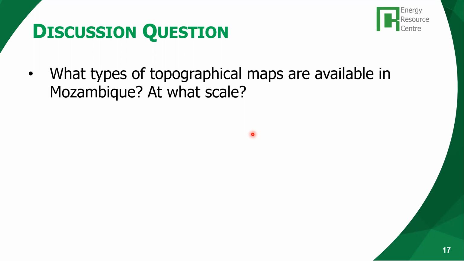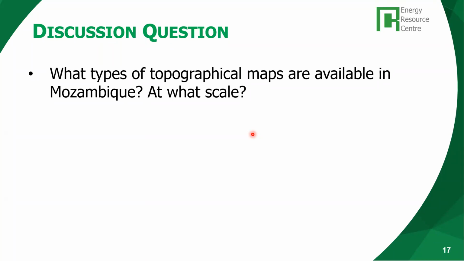We have some topographical maps available in an institution called the Senacarta. These maps describe all the situation in the land, describing streets, rivers, and all the infrastructures. So the scale, I think it's big.